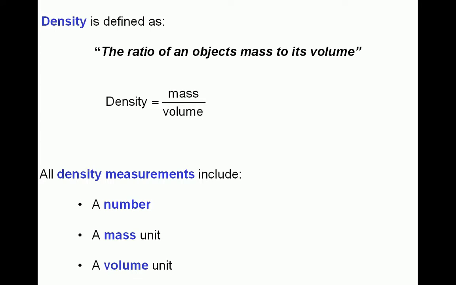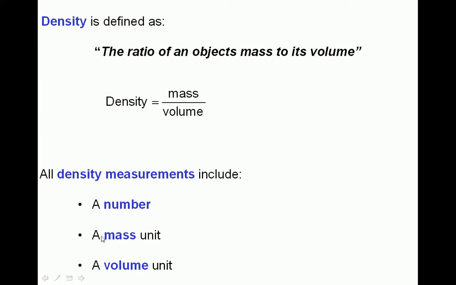to get its volume. As we've discovered in the lab, density is the ratio of an object's mass to its volume, i.e. density equals mass over volume. So whenever we determine or record a density, there must be a number that determines the magnitude of the measurement.